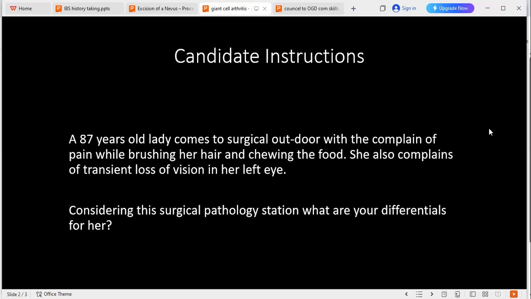Considering this scenario, please mention all the risk factors or causes that can lead to osteoporosis. Osteoporosis has primary and secondary causes.